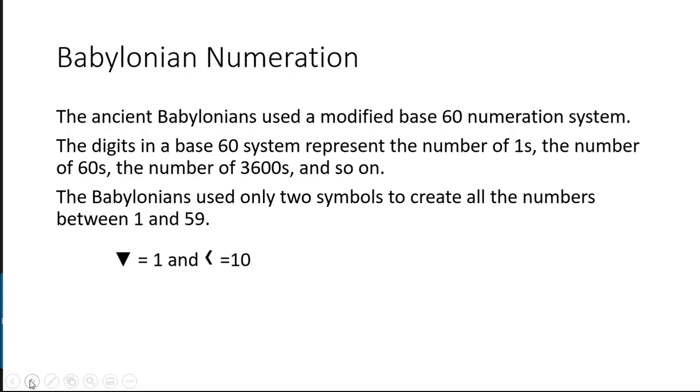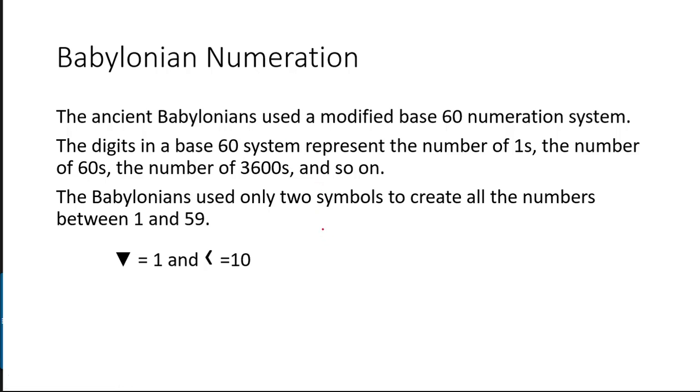Interestingly, though, the Babylonians didn't have a different symbol for each of the numbers between 1 and 59, like we do for the numbers from 1 to 9. Instead, they just had two symbols, the inverted triangle for 1 and the wedge for 10, and they used those two symbols to construct all of the numbers from 1 up to 59.